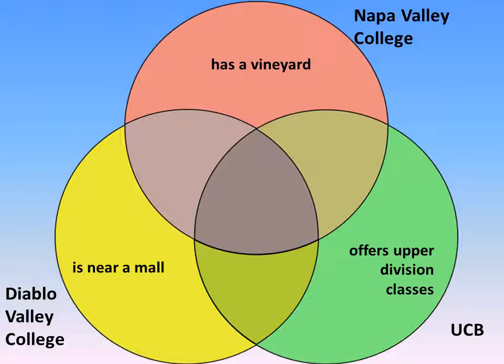UC Berkeley, since it is a 4-year university, offers upper division classes. Again, that's the last 2 years of a bachelor's degree. Napa Valley College and Diablo Valley College do not. However, Napa Valley College and Diablo Valley College both have low tuition.